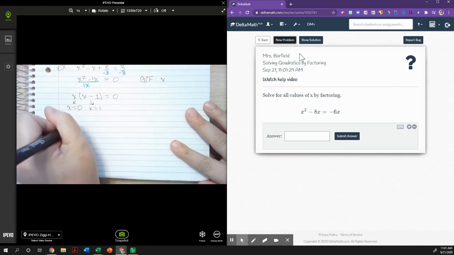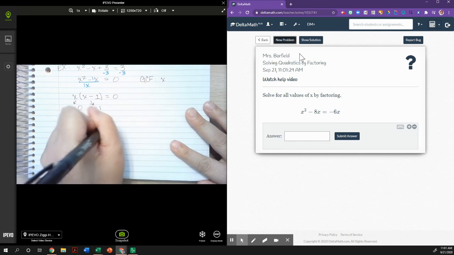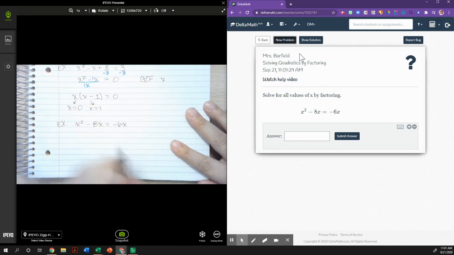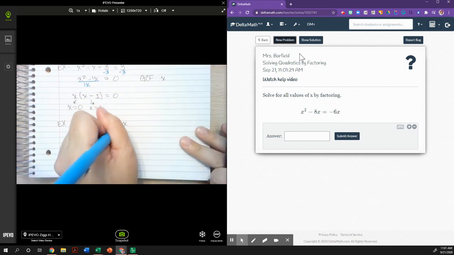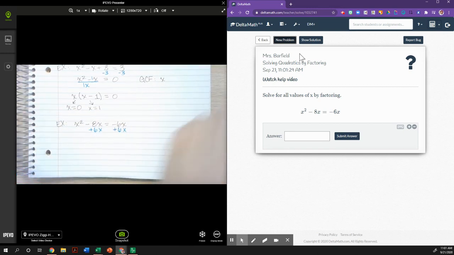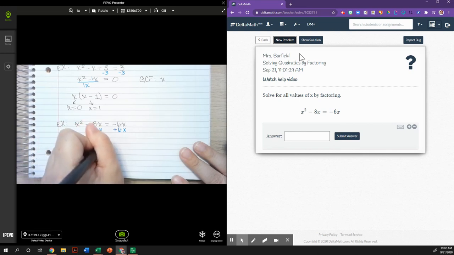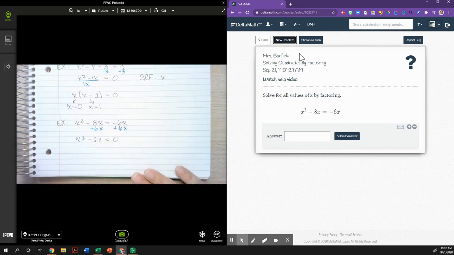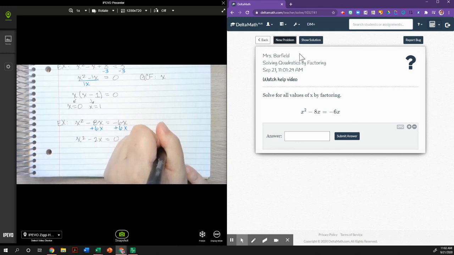So x squared minus 8x equals negative 6x. So I have to add 6x to both sides. So I get x squared minus 2x equals 0. The factoring for this one is simply just a GCF, and the GCF here is x again.